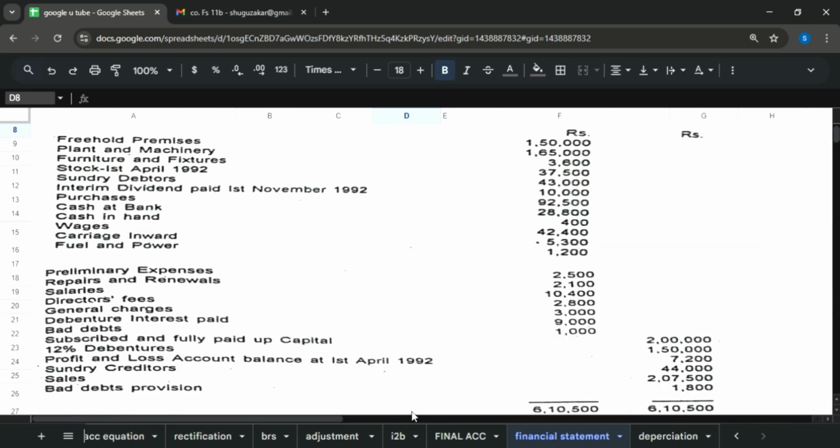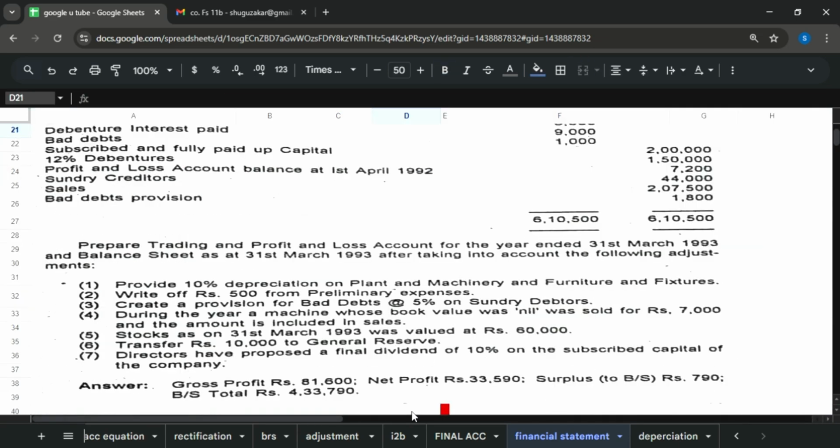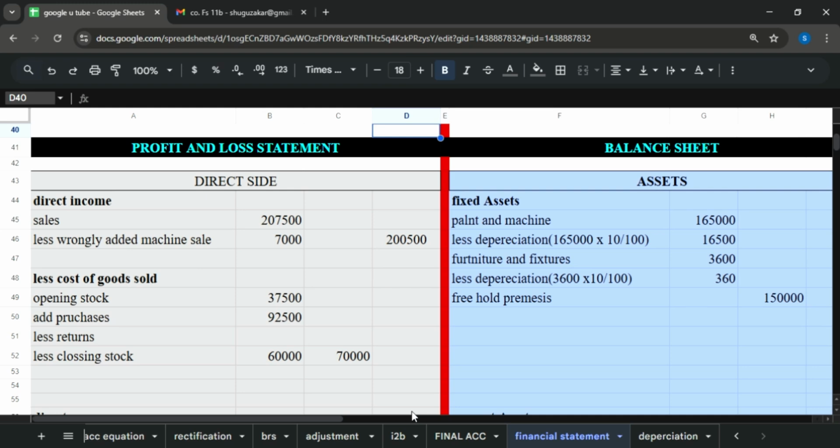This is not working properly. My cursor is not moving. Time is going out. Let me handle it again.